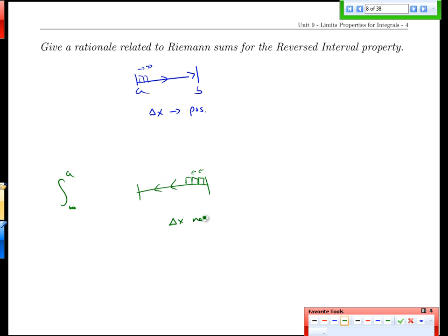Our little delta x's would be negative, and so if we want to swap those two things, remember we've got a dx here and a dx here. To go between these two versions, we'd have to multiply by -1. And that's going to flip the sign of the delta x's, is what we're really doing when we switch the order of the limits of integration.